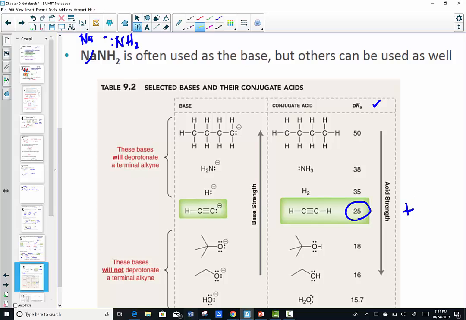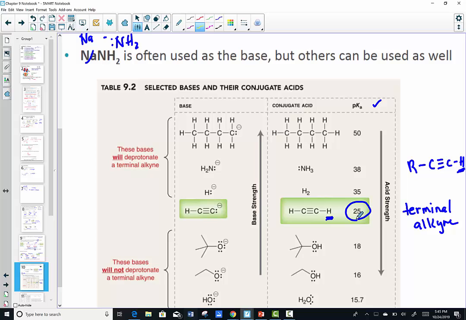You'll remember that a terminal alkyne, and all that means is that this is the hydrogen at the end of a triple bond chain. So I have a long carbon chain, and at the very end, I have a C triple bond C and a hydrogen. That's the hydrogen that's acidic. That's the proton that is going to be removed in an acid-base transfer.